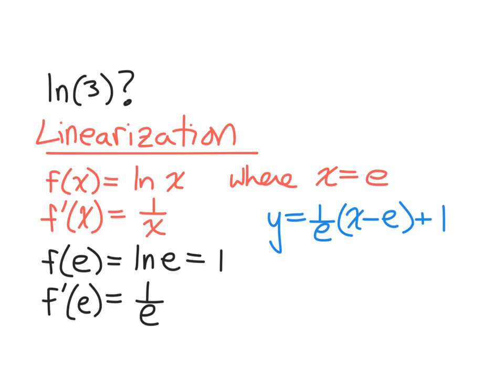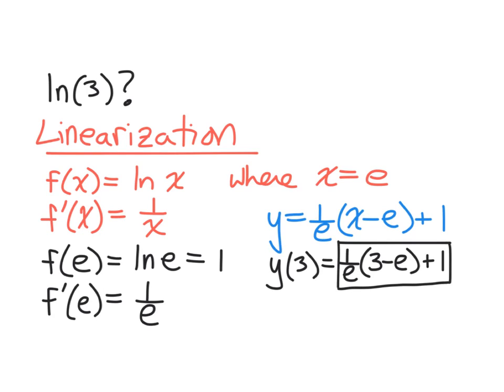They'd have to be very close, but that's the whole point. So I can evaluate my model here for an x value of 3: 1 over e times 3 minus e, plus 1.